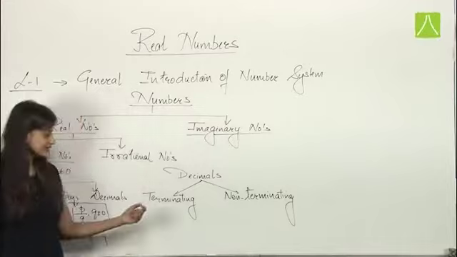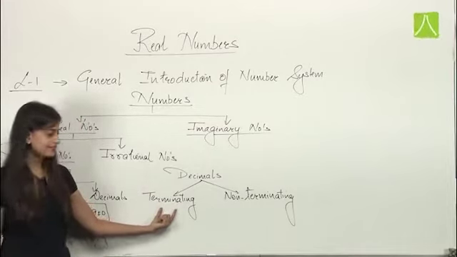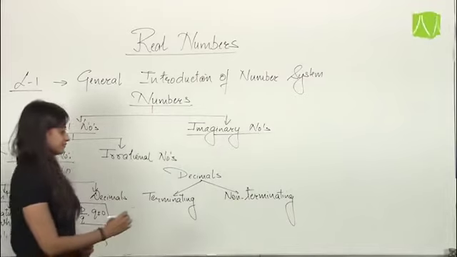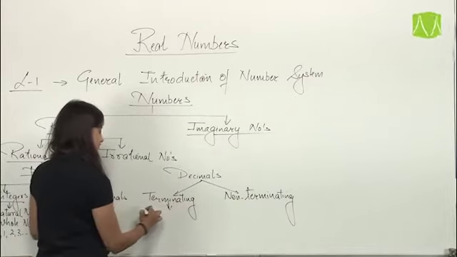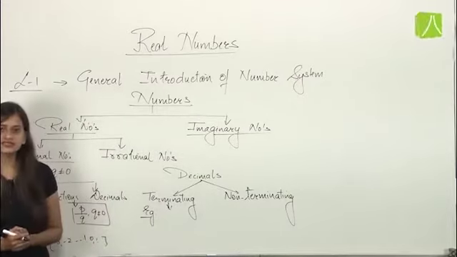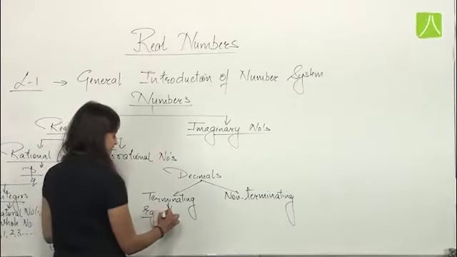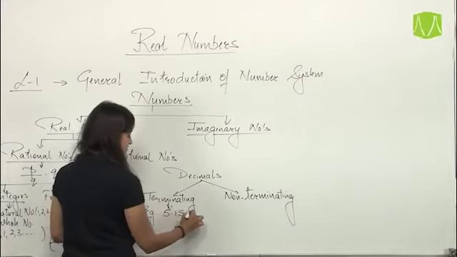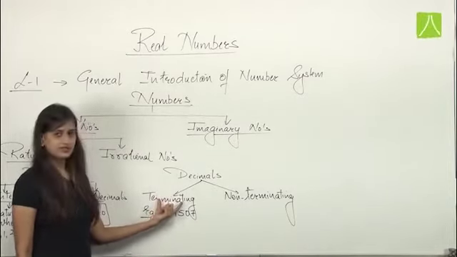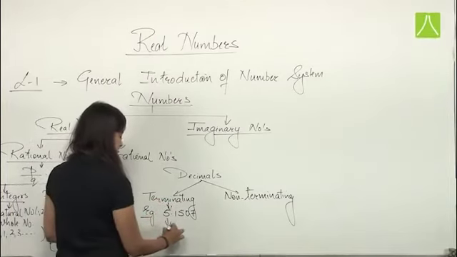Terminating decimals are those which terminate after some decimal places, like 5.1507. It is terminated, and all terminating decimals are rational.